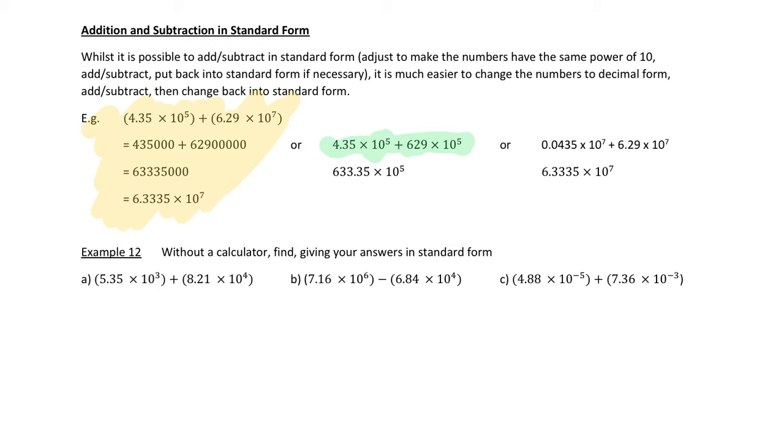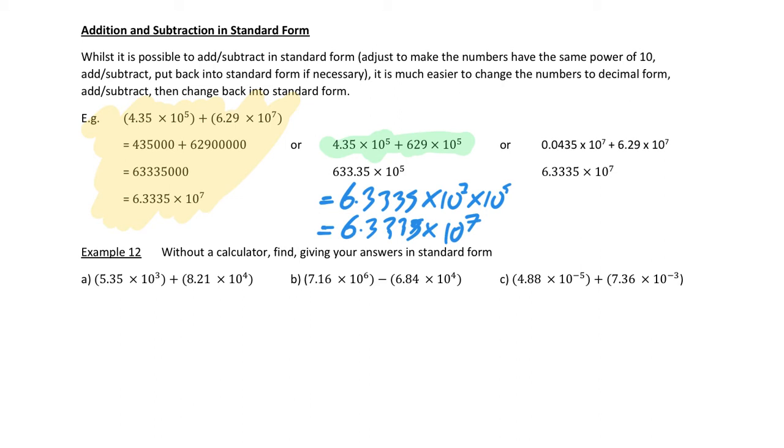And they added those two things, and they got 633.35 times 10 to the power 5, which is then equal to 6.3335 times 10 squared times 10 to the power 5, which is the same then as 6.3335 times 10 to the power of 7. So it's just a slightly different method for doing it.